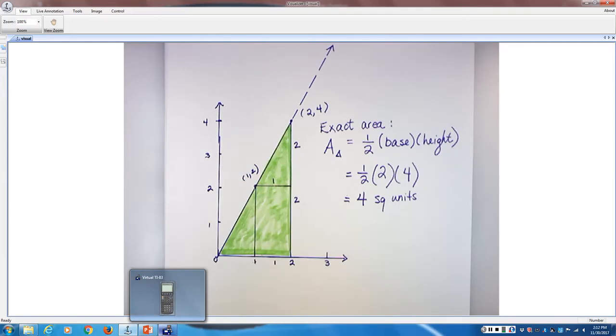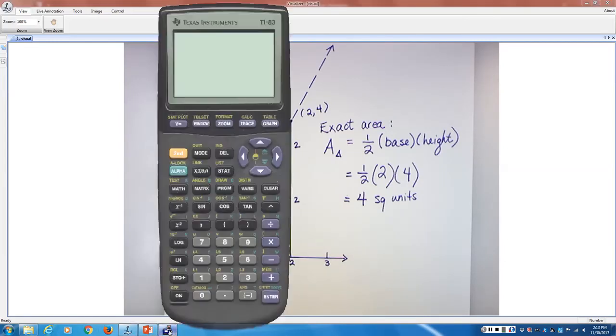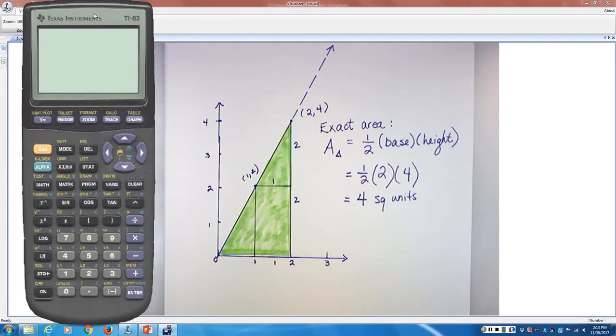So if we actually try to find this same problem just using the calculator with numerical integration, it tells us the area is 4.